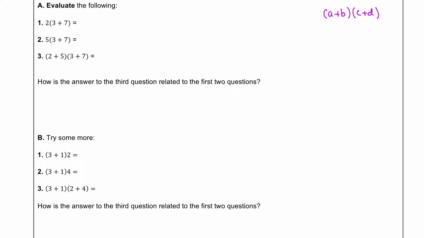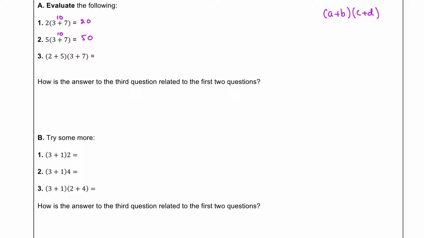Okay, for the very first one over here, I have an expression that I'm trying to evaluate, and I'm going to use BEDMAS. So 3 plus 7 inside the brackets is 10, and 2 times 10 is 20. For the next one, 3 plus 7 again is 10, and 5 times 10 is 50.